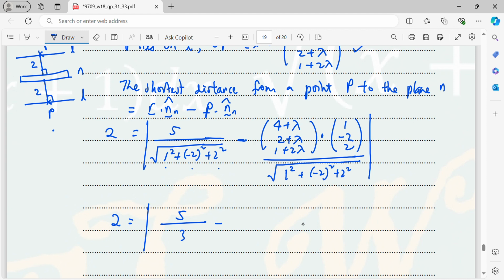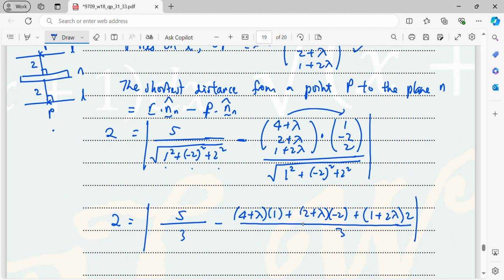Okay, now the dot product of two vectors, just multiply. So it will be 4 plus lambda times 1, plus 2 plus lambda times minus 2, plus 1 plus 2 lambda times 2, then over 3. Okay, then now here the 3 can be taken out, and the modulus I can change to plus minus, because after modulus it will always be positive.